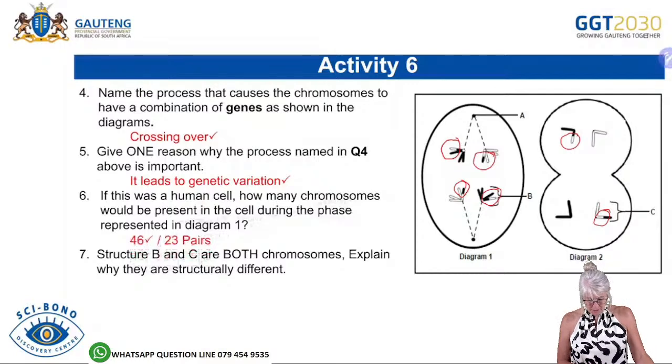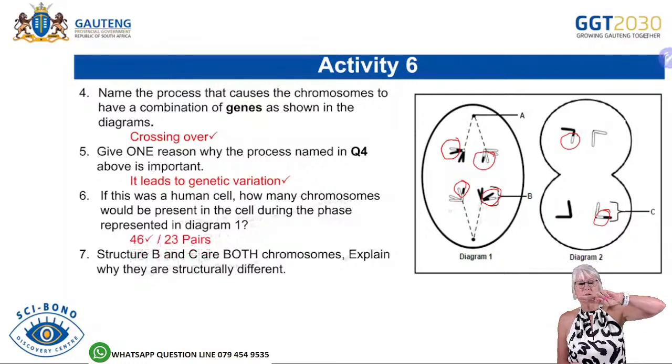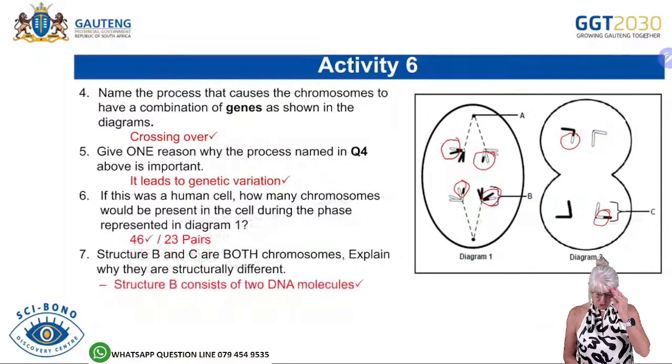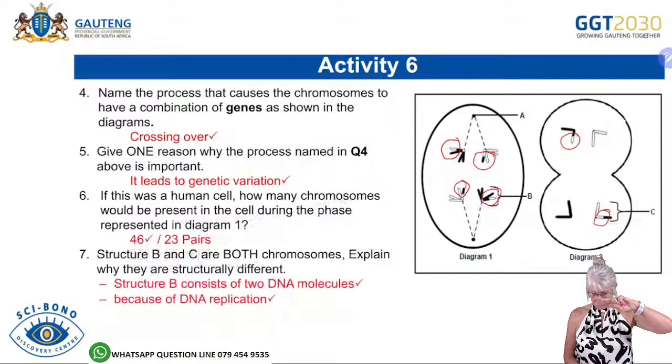And then the last question, they say structure B and C are both chromosomes. Explain why they are structurally different. So now I have to look. I can see B consists of 2 chromatids with a centromere keeping them together, and C is a single unreplicated chromosome. So I now need to explain why they are structurally different. Structure B, we said, consists of 2 DNA molecules, whereas structure C only consists of 1.